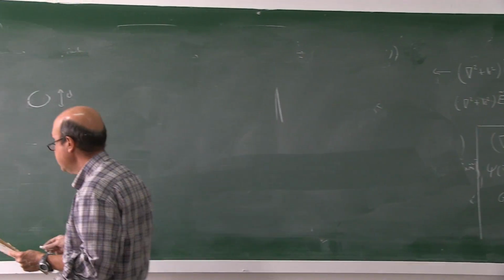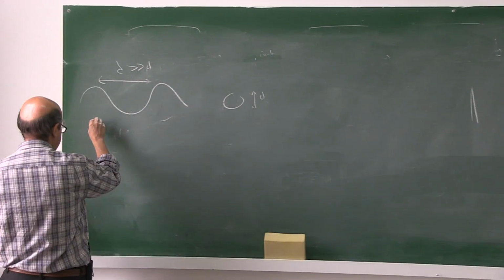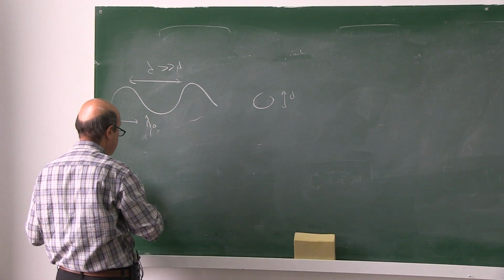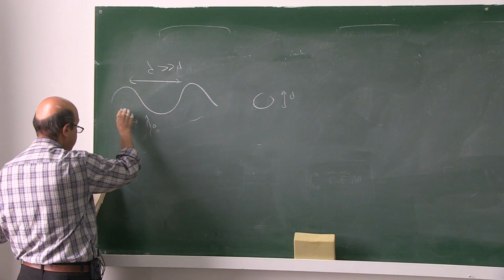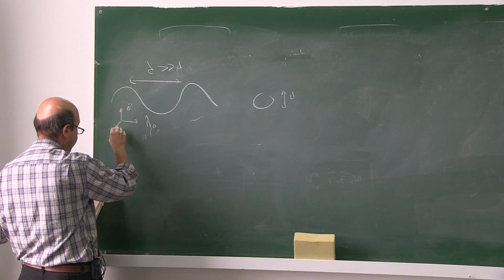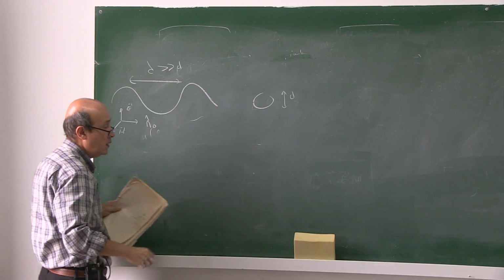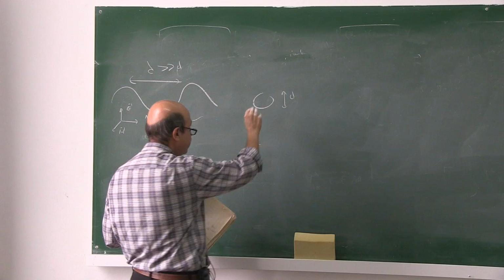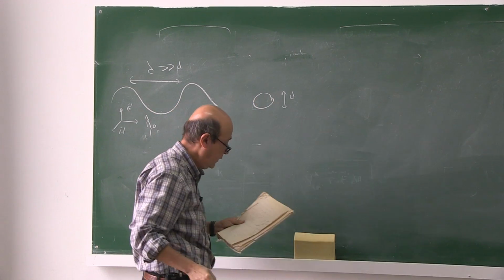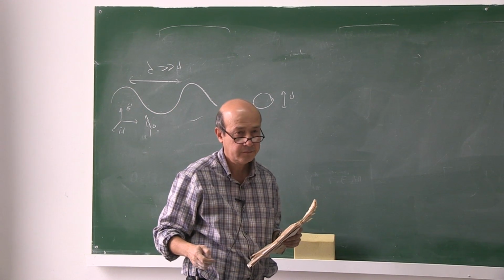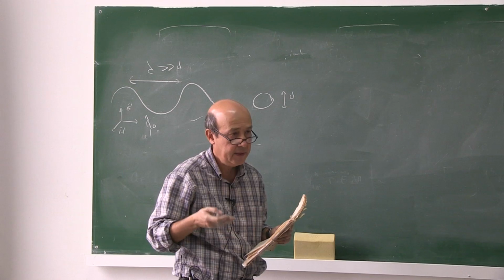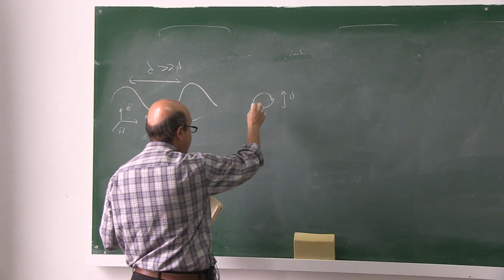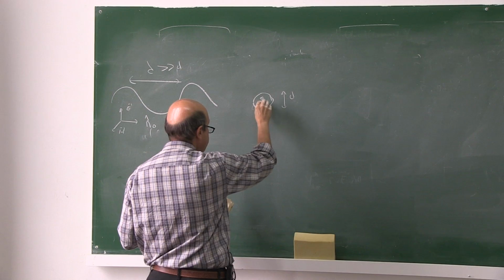If you have an incident electromagnetic wave, it has some propagation direction and E and H fields. And if you have a material of very small size, that could have some material structure, let's say that could have electric permittivity and magnetic permeability.